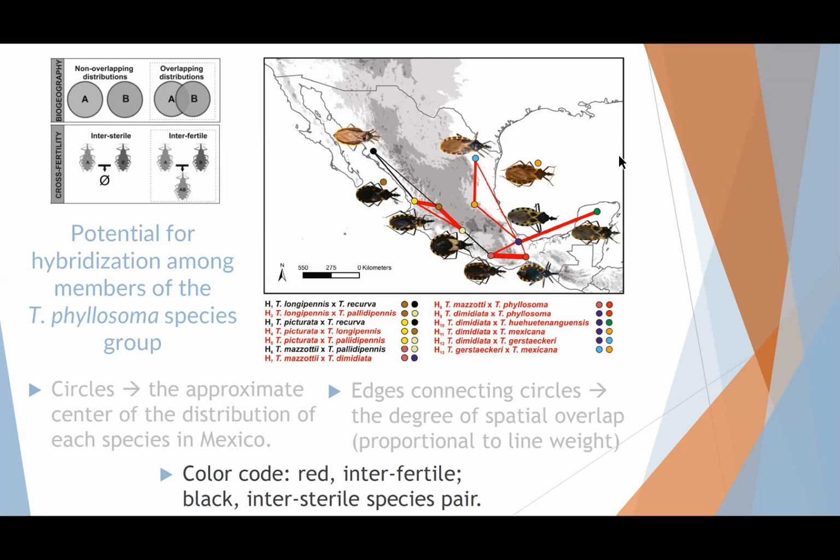Red pairs of species represent interfertile species, and black pairs represent intersterile species. In this step, we acknowledge that there are several cases where hybridization cannot be denied.